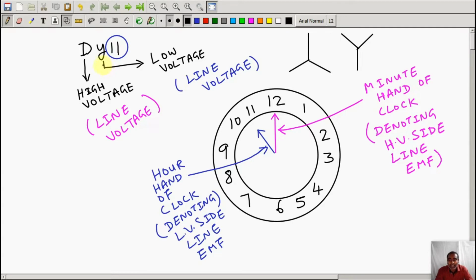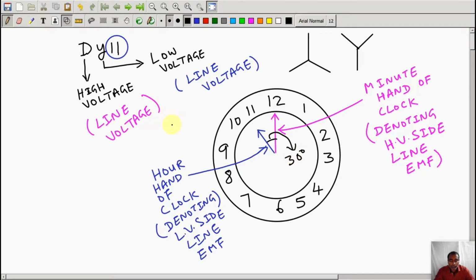Y is written in small case letter, which means it belongs to the LV side, and 11 means that there is a phase difference of 30 degree between the line to line voltage on the HV side and LV side. So 30 degree is the phase difference between the line to line voltage on HV and LV side. You know that this angle is 30 degree.